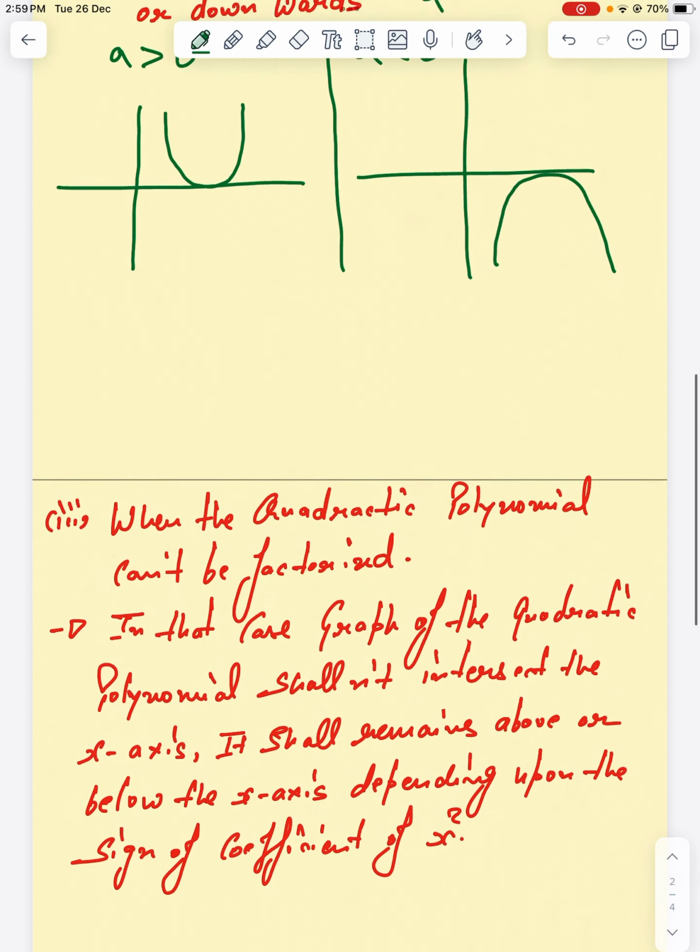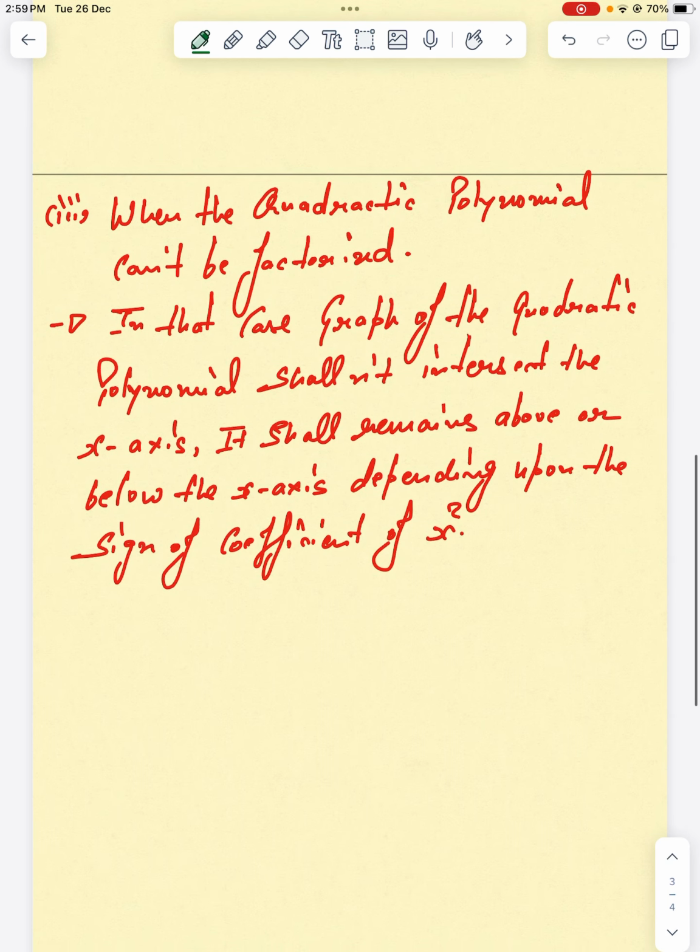Now our third case is when the quadratic polynomial can't be factorized. In that case, what will happen? The graph of the quadratic polynomial will never touch or intersect the x-axis, right? It will remain above or below the x-axis depending upon the sign of the coefficient of x square, that is a.